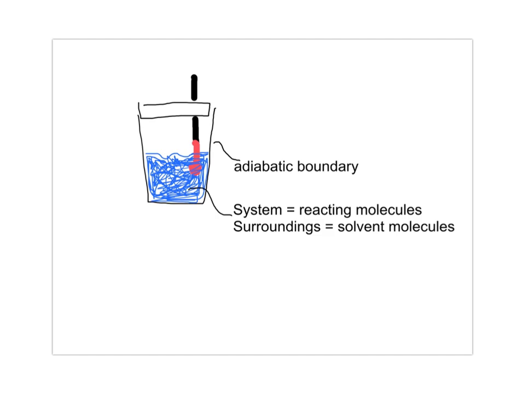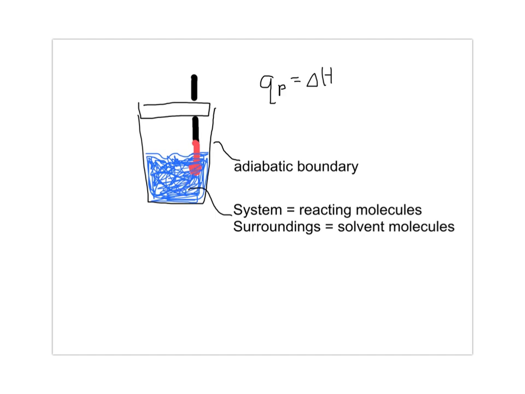Recall that when we do this experiment at constant pressure, the heat evolved is equal to delta H for the system. When the reacting molecules, or our system, undergo reaction, they will either give off energy or require energy for that reaction to occur.